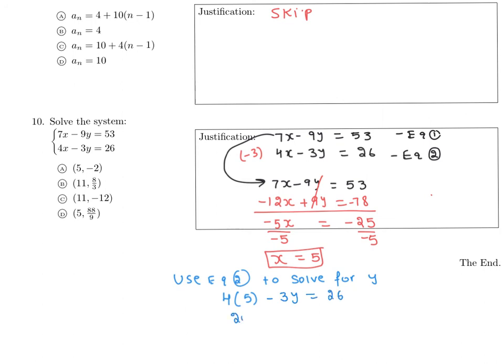This is going to be 20 minus 3y equals 26. Subtract 20 on both sides. You get negative 3y equals 6. And when you divide by negative 3, y equals negative 2. So x is 5 and y is negative 2, which is the option letter A.